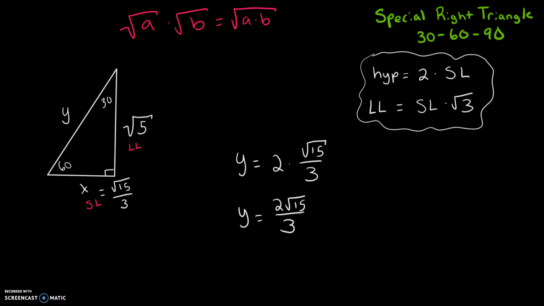Just so you see what happens whenever you multiply a whole number by a fraction, that whole number gets multiplied by the numerator. This is because we could write 2 as 2 over 1 times the square root of 15 over 3. And you do top times top, bottom times bottom, so 2 square roots of 15 over 3. A little math tip for you there, just in case you didn't know why we simplified it the way we simplified it.